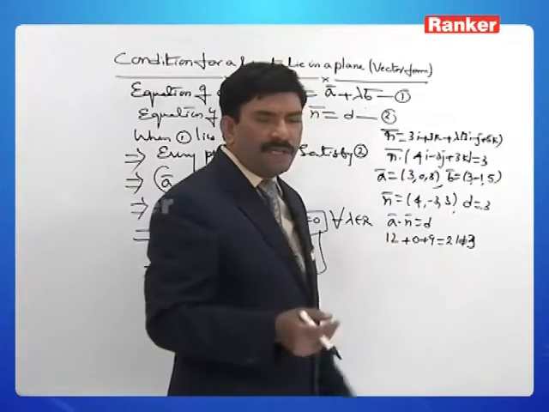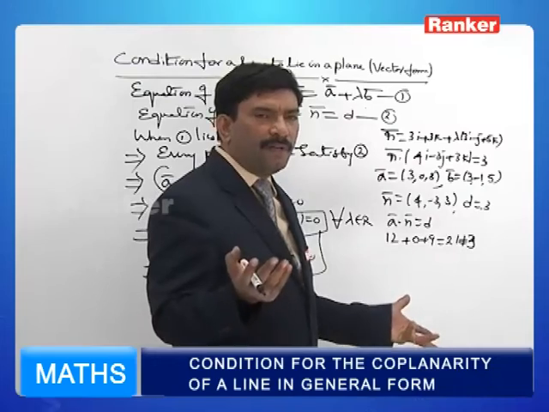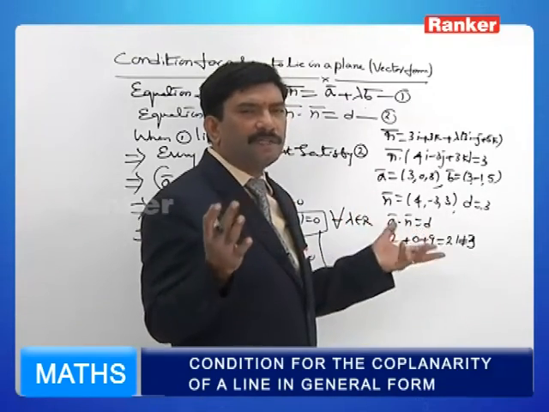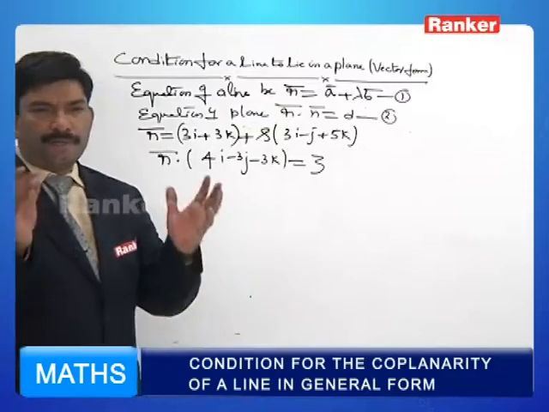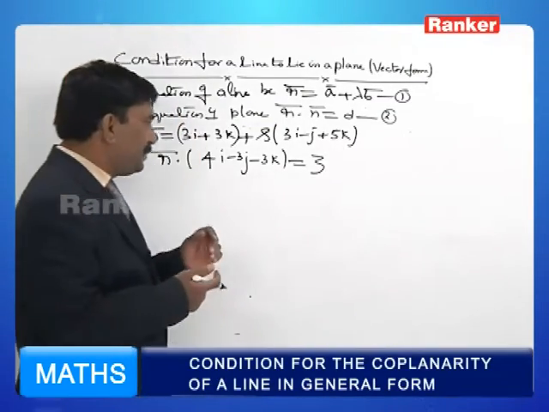It's not equal. Hence, this line does not lie in the plane. If it is equal and satisfies b bar dot n bar equal to 0, then that line lies in the plane.